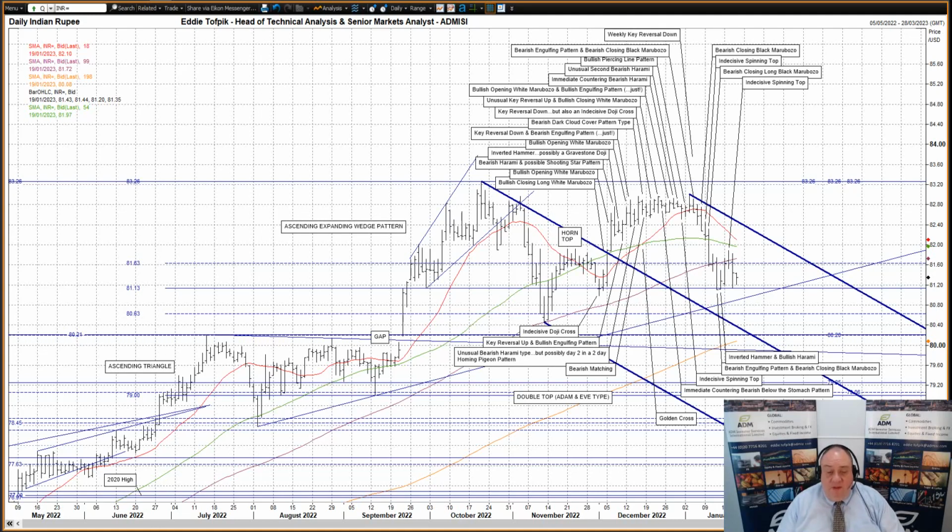Even further overhead, the big pattern here is not the bearish Andrews pitchfork, though it is big enough on its own. Rather, it is the action since September 2022 to date, forming a large double top Adam and Eve type pattern. We are currently on the final leg moving lower, and this pattern will very much depend on whether the market will drop down to the neckline of this pattern, which I currently have indicated as being in the 80.20 zone.